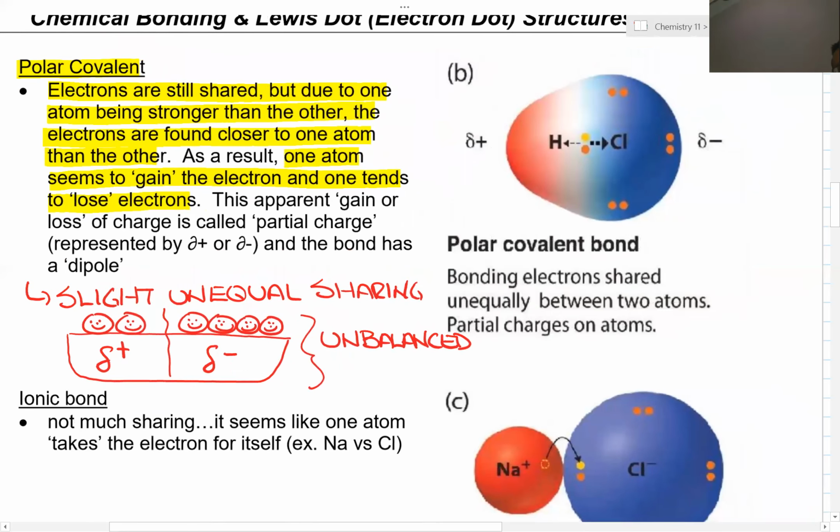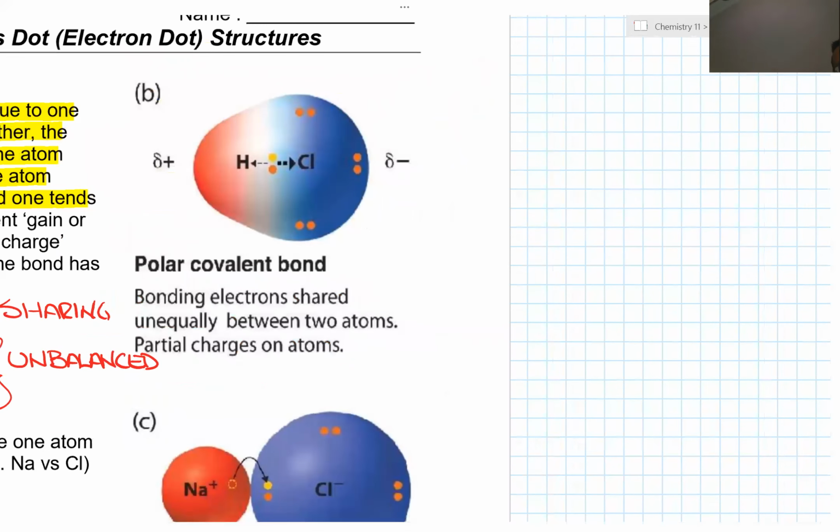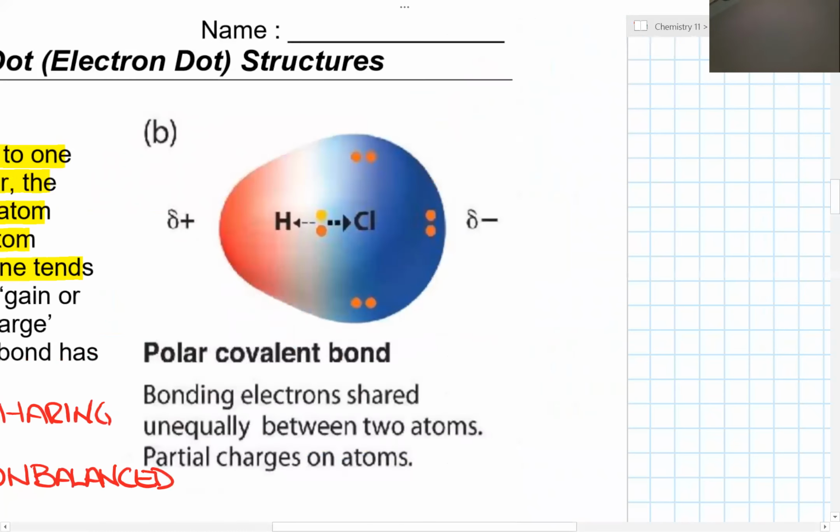Now, in this case, notice chlorine is partially negative, and hydrogen is partial positive. Why is that? Because there's an imbalance of electrons. Now, how did I know to put the partial negative on chlorine and not on hydrogen?